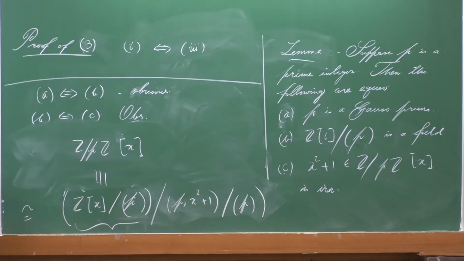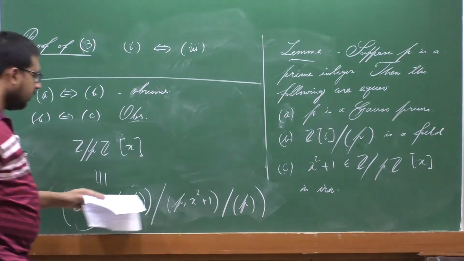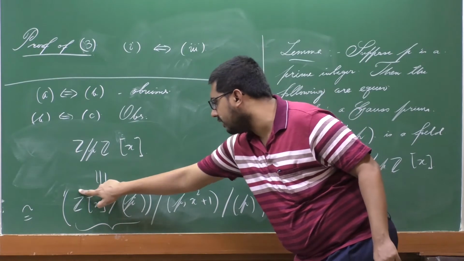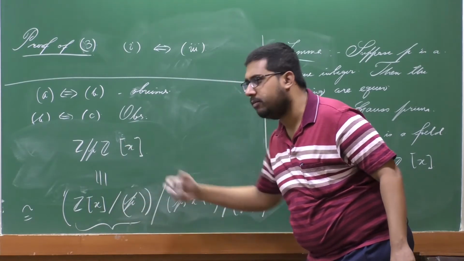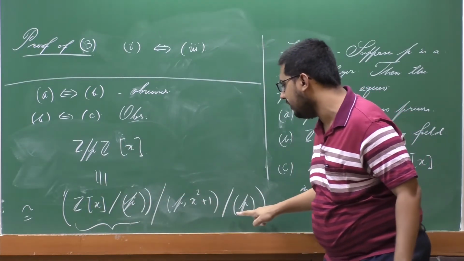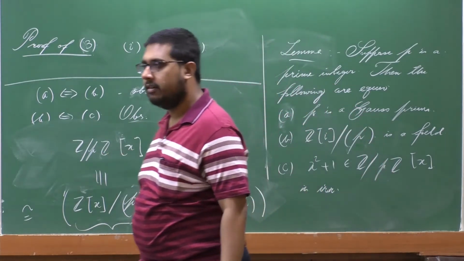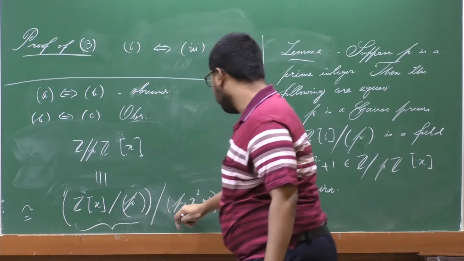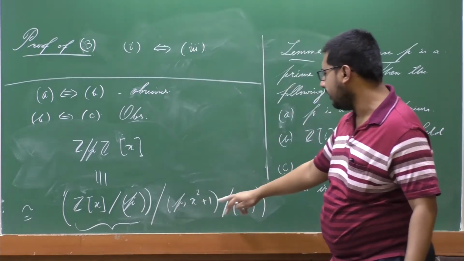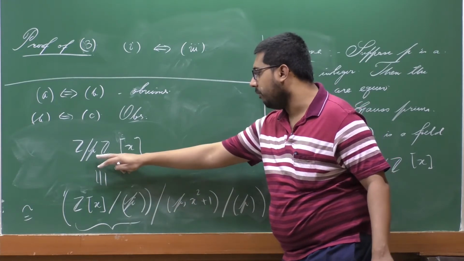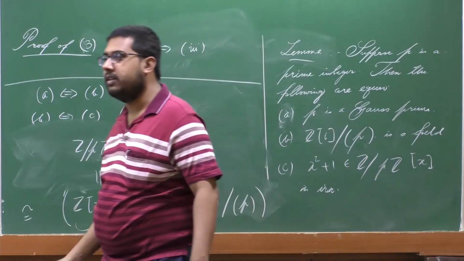Okay, so therefore you see that, and now what is this inside Z modulo pZ? This is basically the ideal generated by x square plus 1 in the polynomial ring over this field, right. So this is nothing but the ideal generated by x square plus 1 in the polynomial ring of one variable over this field.